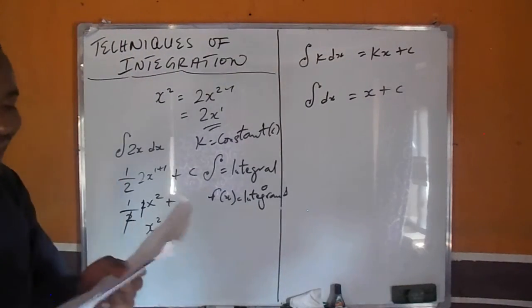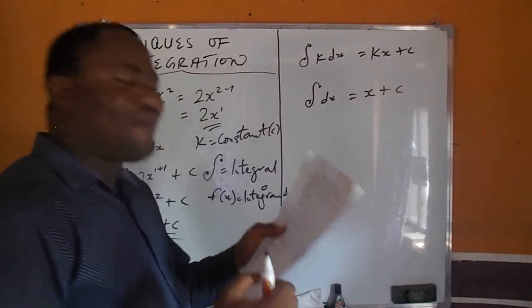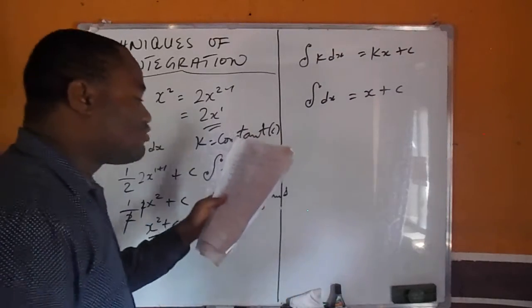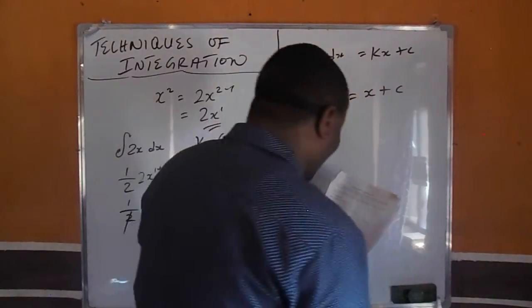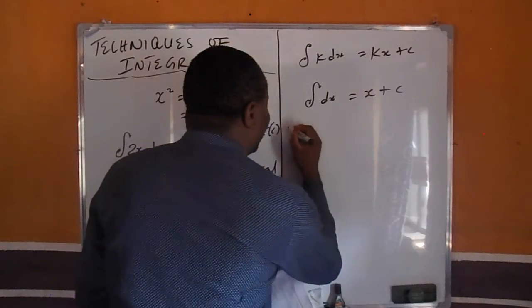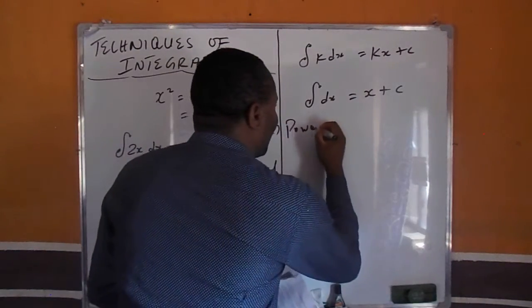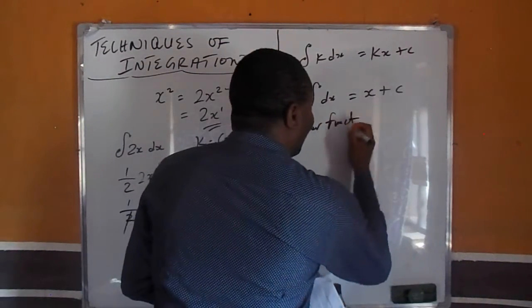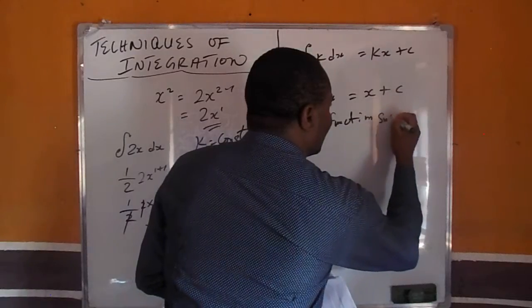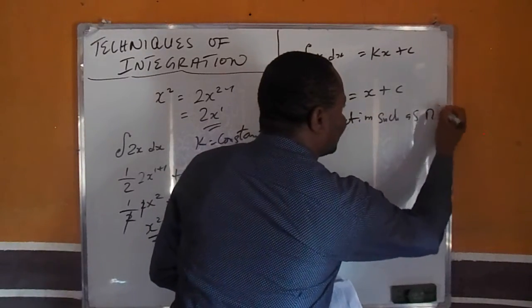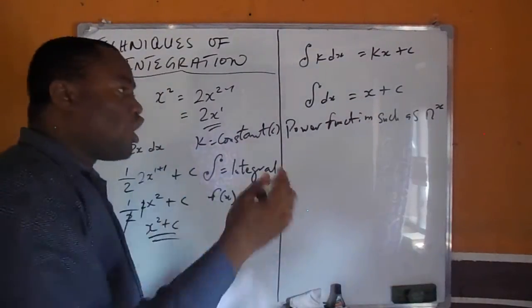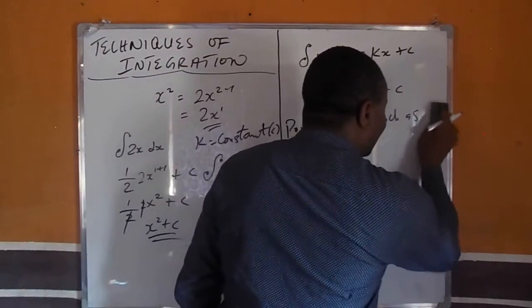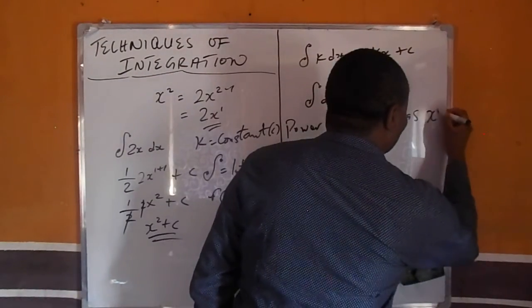We go to another integral, the integral of a power function. How do we write the integral of a power function? A power function such as x raised to power n.